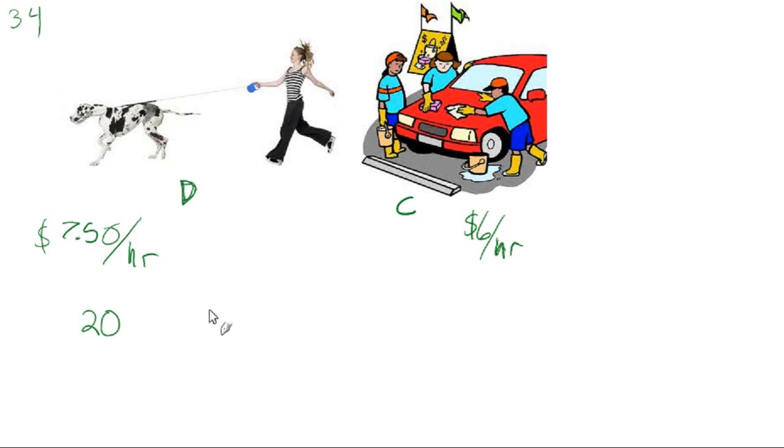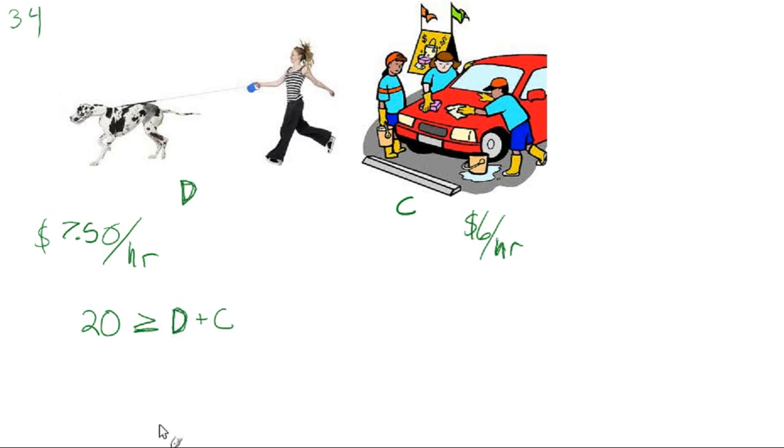So whatever we write over here, this expression that we write, which I think is pretty clear, that the hours that we work dog walking plus the hours that we work at the car wash are the hours that we work in total. So we're going to say that the number of hours that we work in total needs to be less than or all the way up to being equal to 20 hours. That's the most that we could work at most.